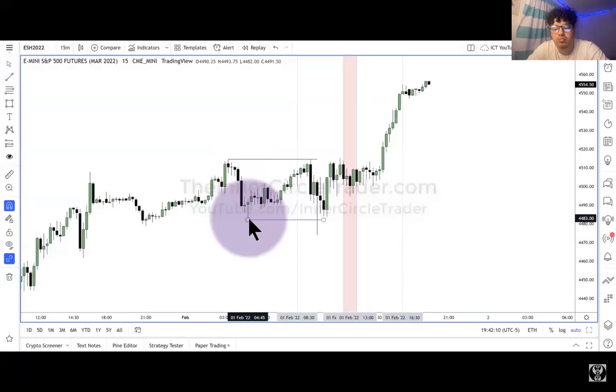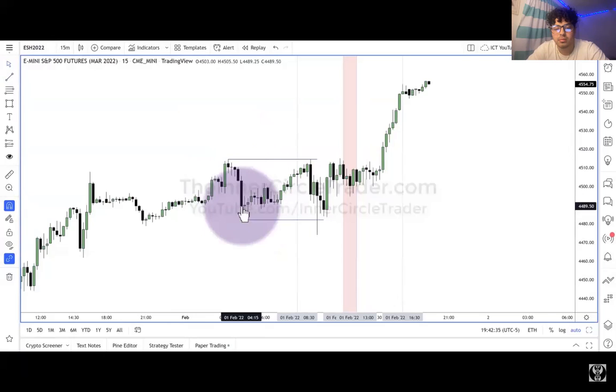A swing low prior to 8:30 is a candle that has a higher low to the left and a higher low to the right of it. Again, it's 3 candles, and it does not matter what the close of the candles are. It has absolutely no bearing on what I'm showing you here, because the swing points are where liquidity is going to be placed.